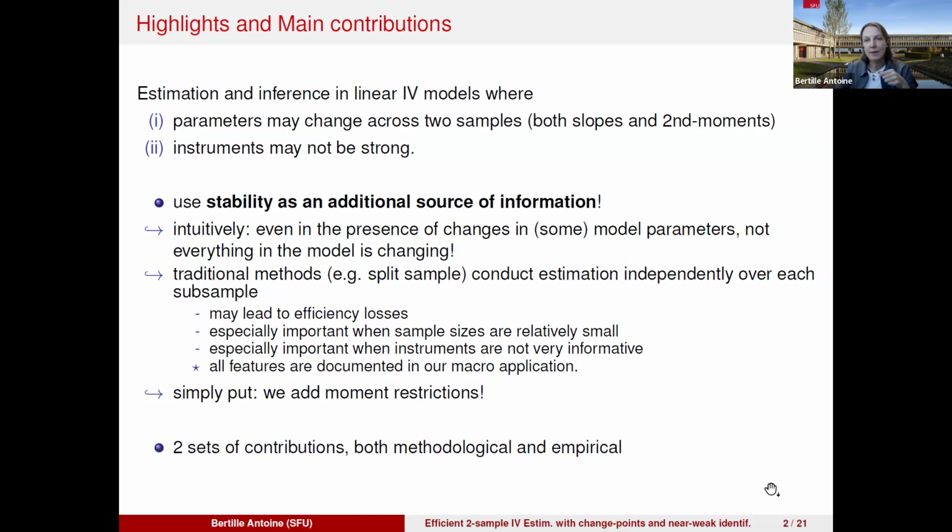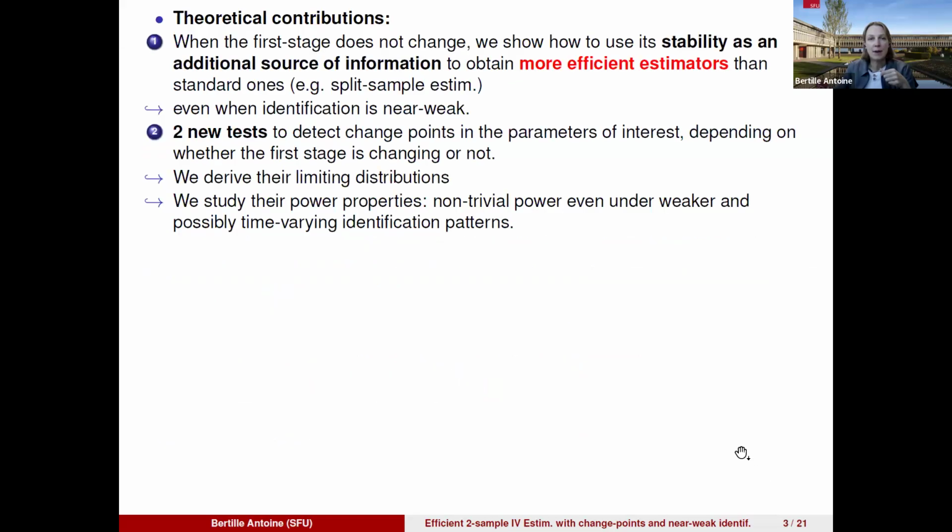And in this project, we have two sets of contributions, both methodological and empirical. So let me be a little bit more explicit about the type of contributions that we have. So first of all, in terms of estimation, we are going to show that our stability is effectively bringing us more efficiency.